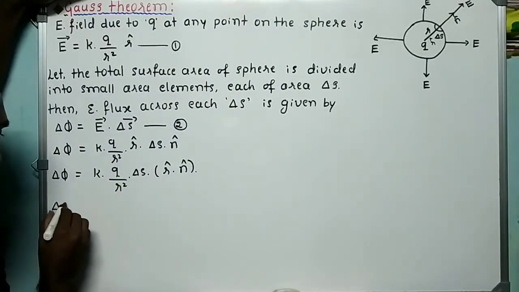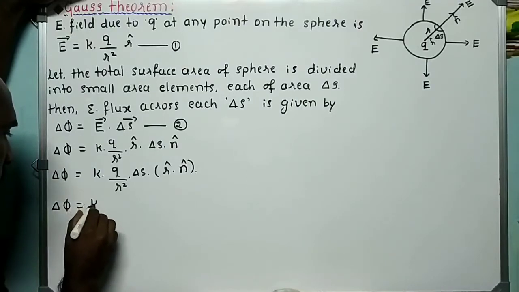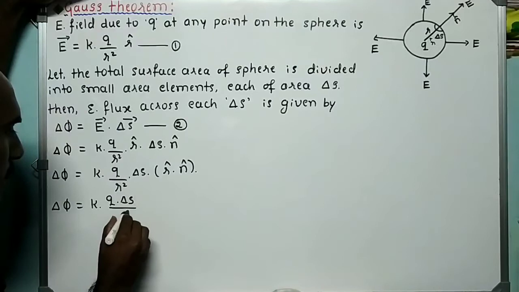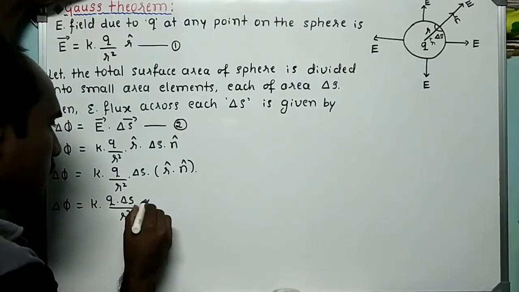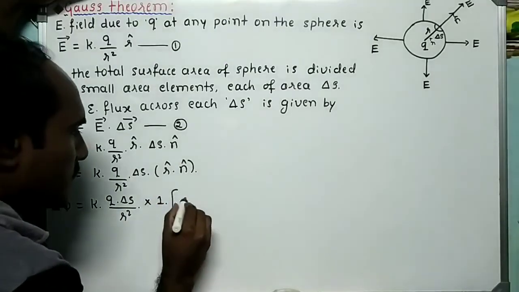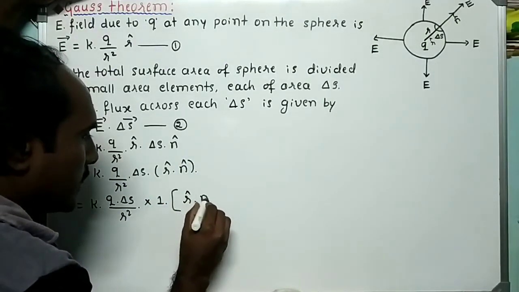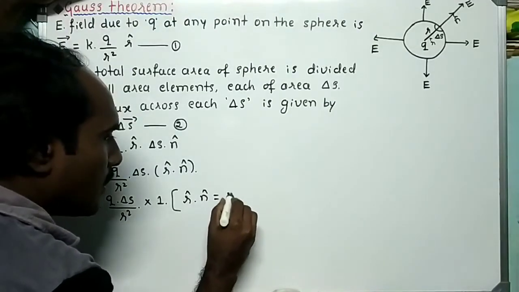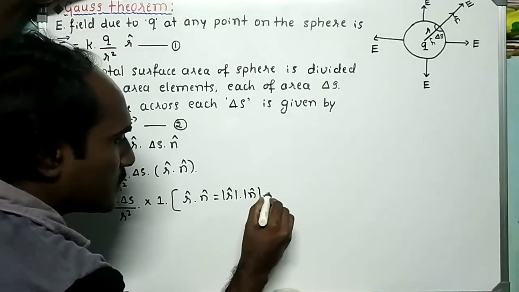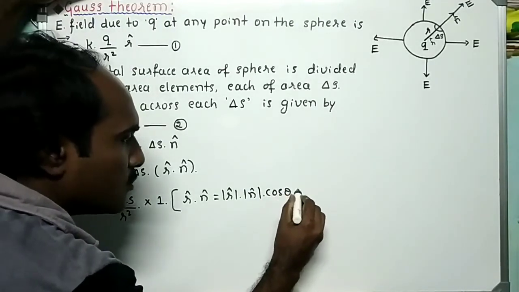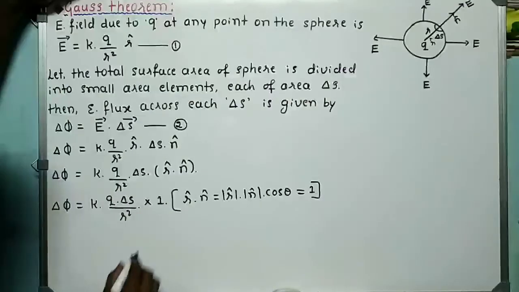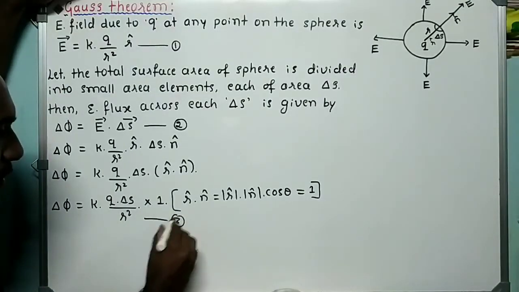Hence delta phi is equal to K into Q into delta S divided by R square, into its value, which is 1. Why is its value 1? R cap dot n cap can be written as modulus of R cap into modulus of n cap into cos theta, because it is a dot product. Since theta is 0 degree, its value is 1. Call this equation 3.